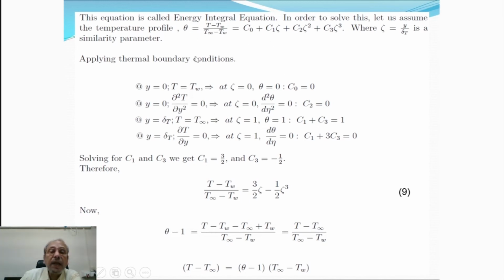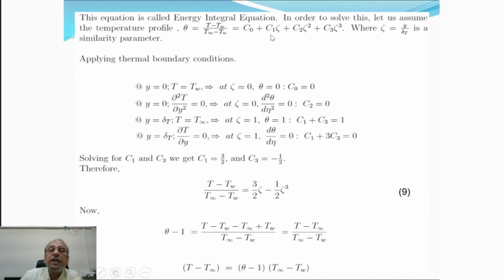And then at y equal to delta t, the edge of the boundary layer, dT dy is 0. That means at xi equal to 1, this term should be read as d theta d xi, not d theta d eta. Please correct this also, it is a typographical mistake. So this is d theta d xi equal to 0.